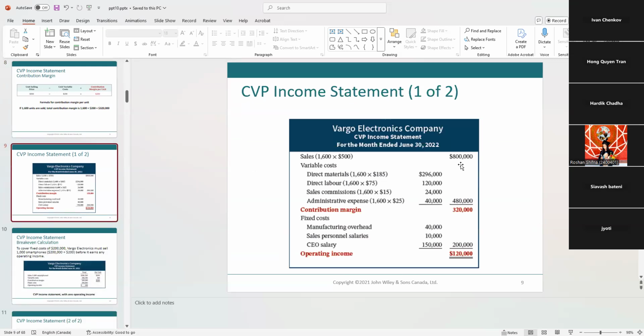If I have to prepare the statement now, when I'm selling 1,600 units, the sales price is $500. That gives me $800,000 in sales.